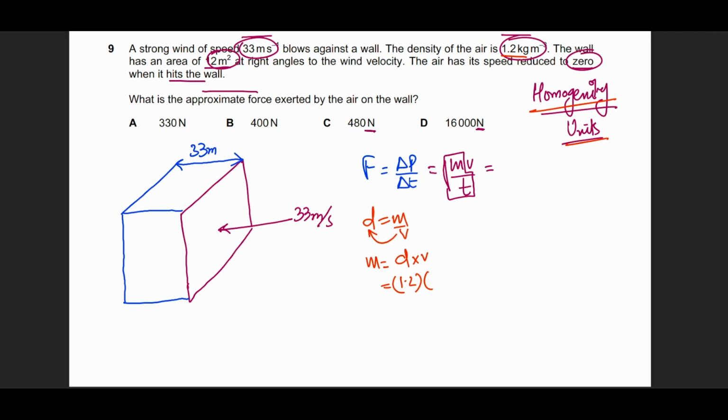Now, to find volume, we need two things. We have the surface area of the wall, which is given as 12 meters squared, right? So I multiply the surface area, which is 12, but I need one more dimension to be able to find the volume. So here I'm going to assume that this 33 meters is being covered by the air as it moves close to the wall in 1 second.